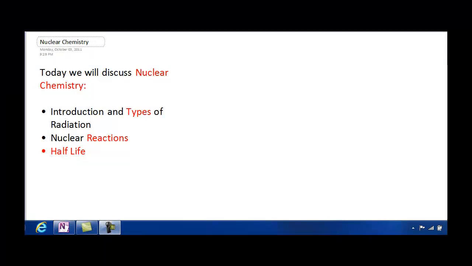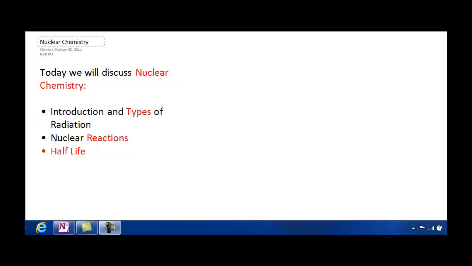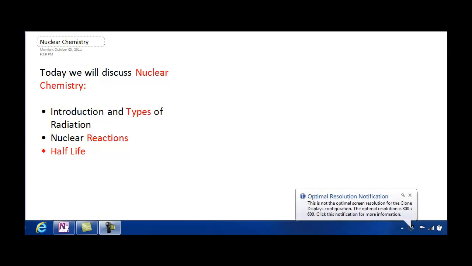So today we will be talking about nuclear chemistry. I am in Module 7, on exploring chemistry. And who can tell me what nuclear chemistry is addressing?